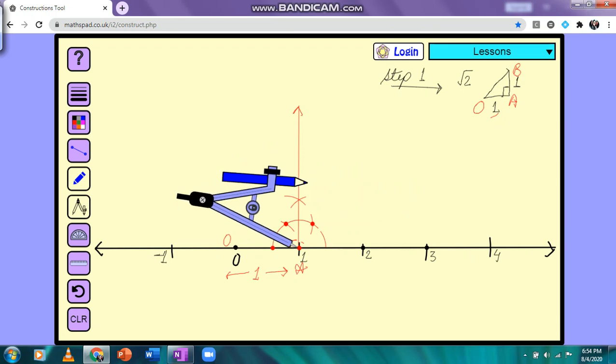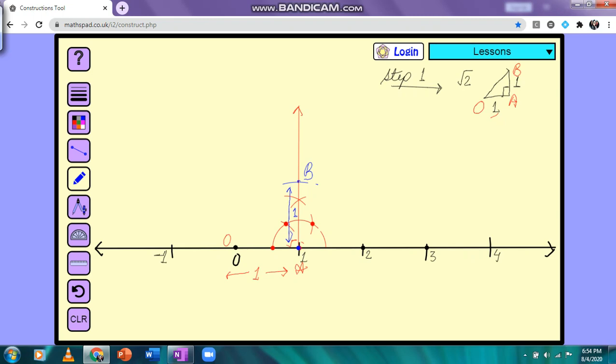So right along the perpendicular, I'm going to draw an arc, and this point here represents point B, and this distance, the vertical distance from point A up to point B, this distance is 1 unit.